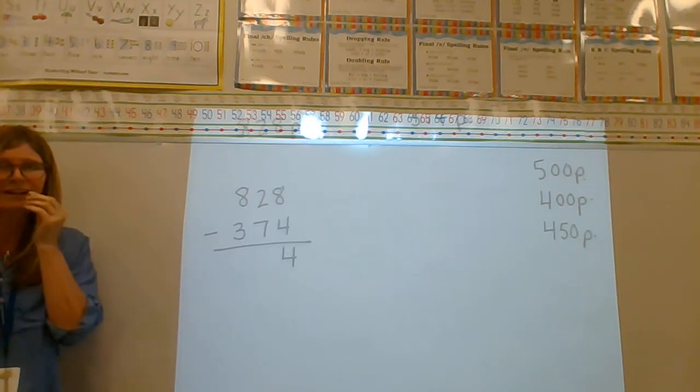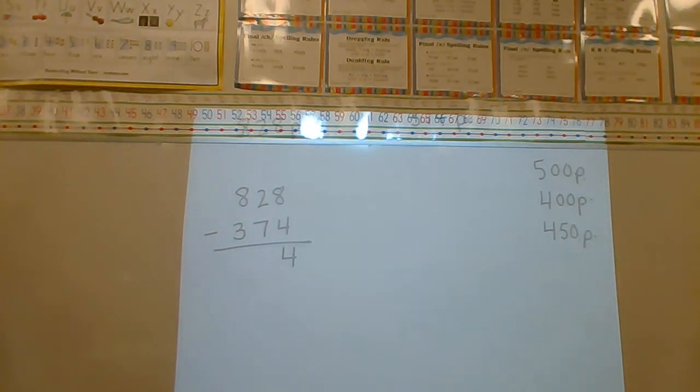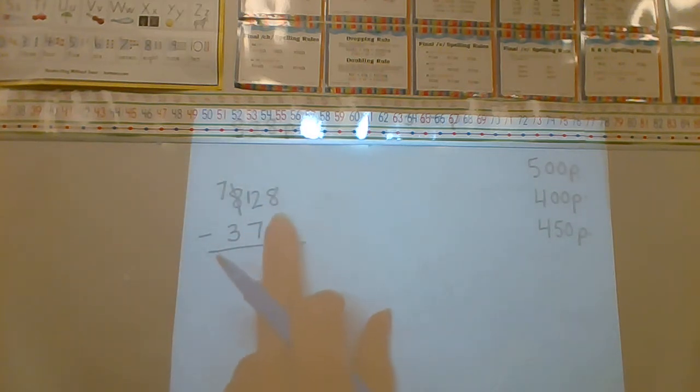Yes. Hi, we're the tens and we live next door and we'd like to borrow 100 and change it into 10 tens. Can we do that, please? Okay. Thank you. Change the 8 to a 7, and now the 2 becomes a 12.